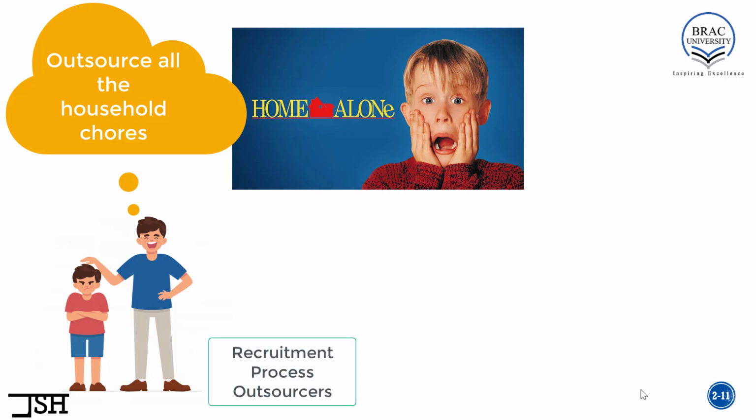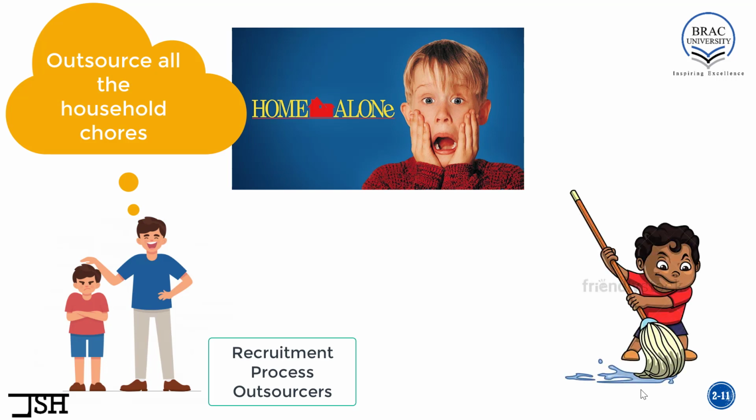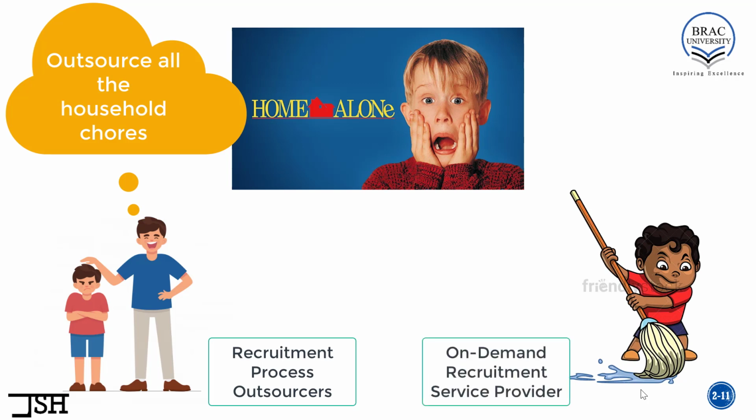Obviously, recruitment process outsourcers, because you outsourced 100% of your task. You did nothing. Now say, if you outsourced only the task of cleaning the floor and did the rest by yourself, then it would have been an example of on-demand recruitment service providers. Alright, I guess now it is clear.